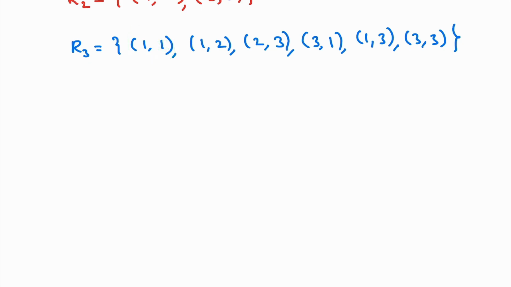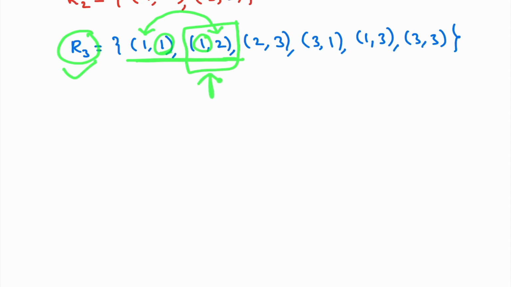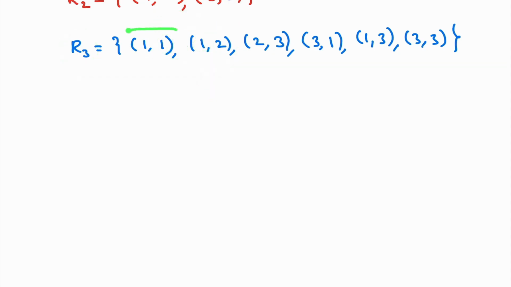You observe any other ordered pair which starts with 1. Here, this starts with 1: (1,1), (1,2). What is (x,z) in this case? (x,z) is (1,2). Now you observe (1,2) is there in this relation. Yes, here it is. That's why this type of element always satisfies the transitive condition. You look here, I'll take (x,x) and (x,z). What is the condition here? Transitive condition. This ends with x, this starts with x.